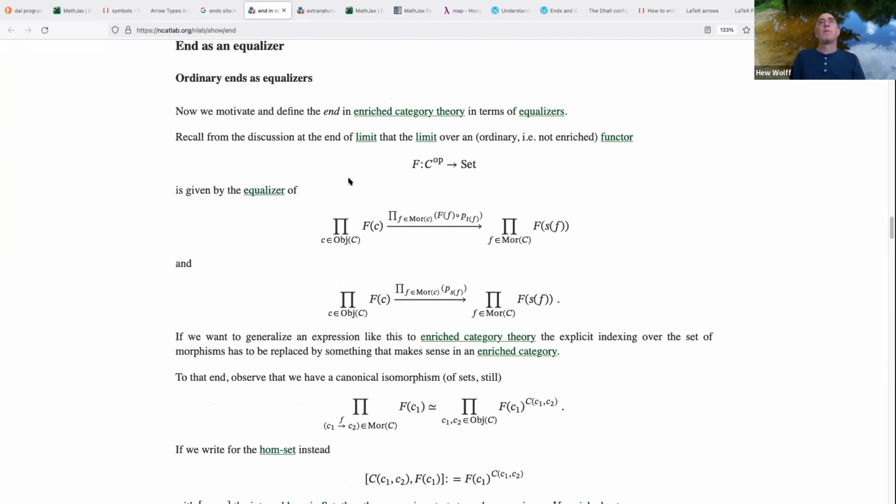Sorry, Hugh. This may not make you happier, but in nLab, they do talk about ends as equalizers. Oh my God, what does that mean? Wait, so first we're talking about limits. Talking about a limit as an equalizer? Wow, I don't think I've ever seen that.